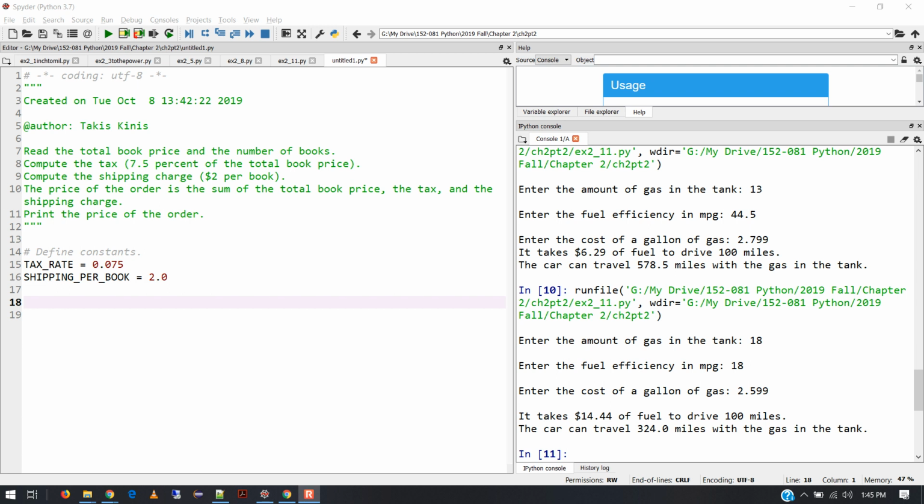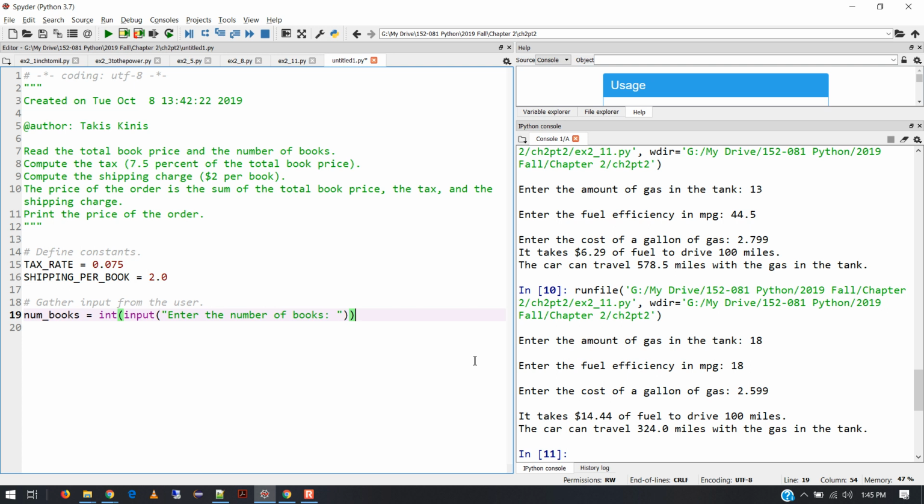All right, so now that we have those constants in there, now we need to get information from the user, right? What's the information we need to get from the user? The number of books. So how many books are you buying? And so this is what I did.